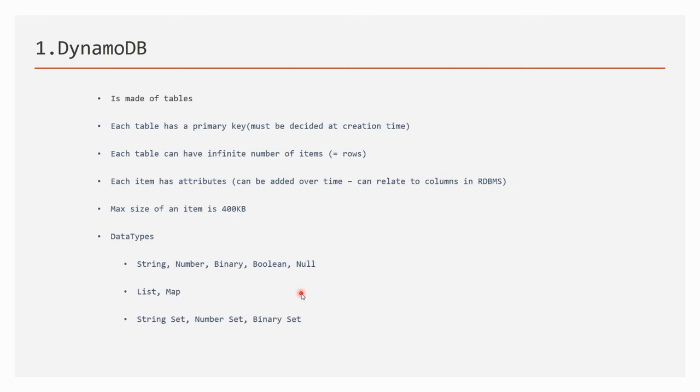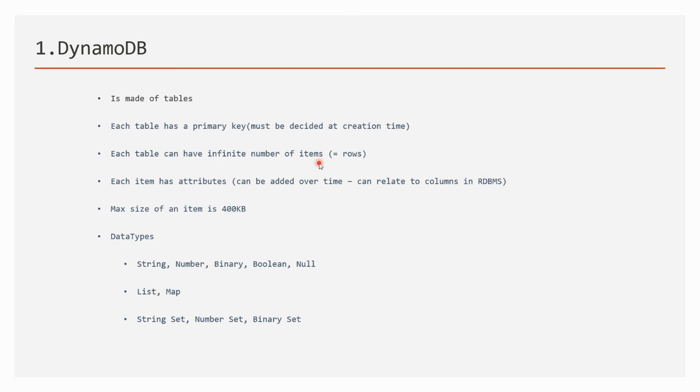So DynamoDB is made of tables, and each table has a primary key. Of course, you need to decide what the primary key is, and what the type of that primary key is, when you create that particular table. The table can have an infinite number of items. You can relate them to the rows in an RDBMS.